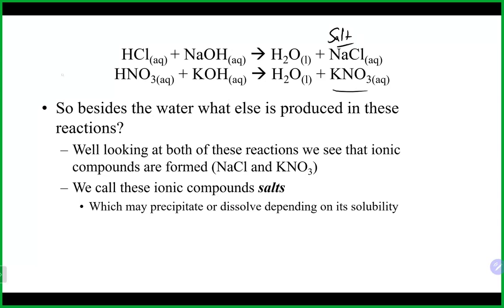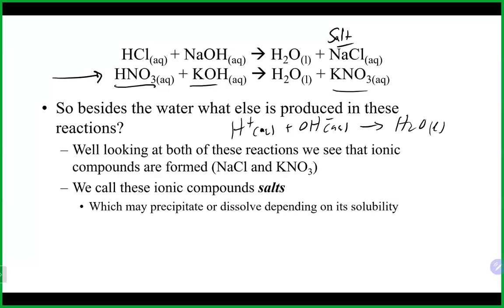And again, if you took this one, which is our nitric acid, which is a strong acid, and potassium hydroxide, which is a strong base, you went through our three equations, you will once again end up with this as your net ionic equation, basically that formation of water that's happening. Any questions on that there?